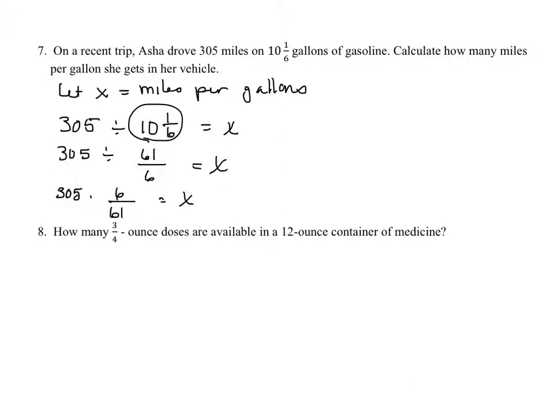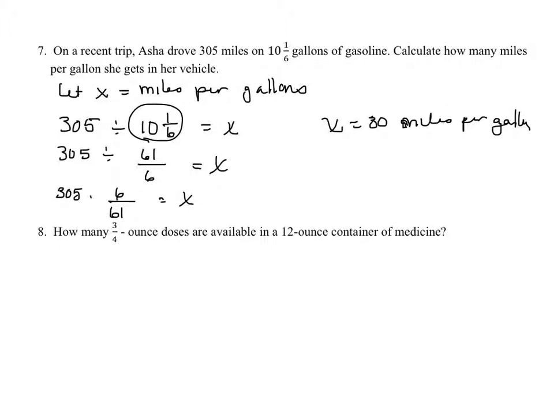So we're going to do 305 times 6 divided by 61. And we get 30. 30 miles per gallon. How did I do that?